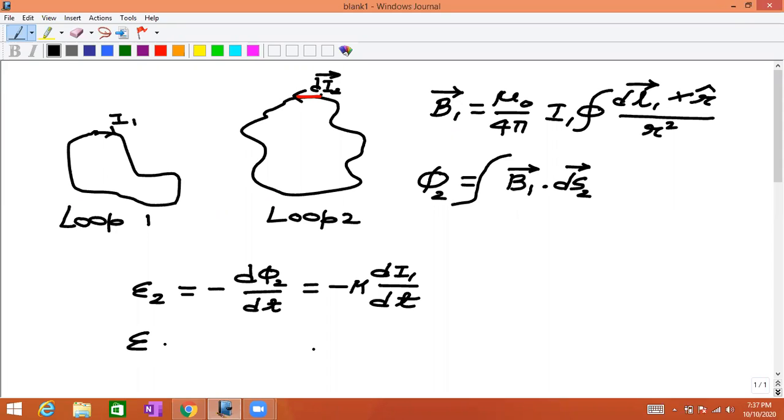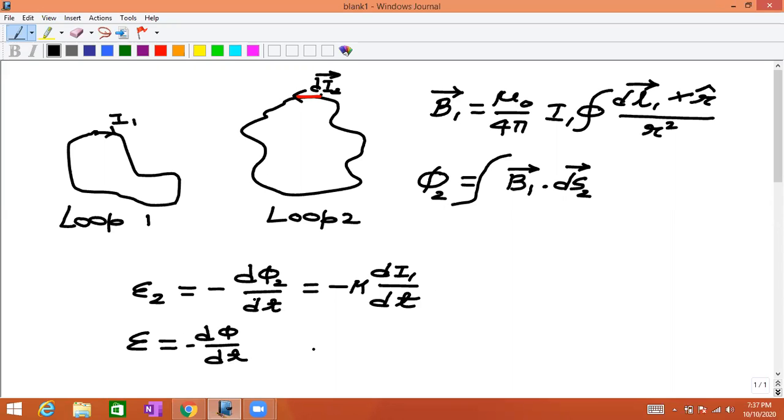Epsilon 1, or we can just write epsilon, because we need not consider the second loop now. Because the current through the first loop changes, an EMF is induced in the first loop. So epsilon equals minus d phi dt, where phi is the flux associated with loop 1. We are not writing phi 1, we are just writing phi.